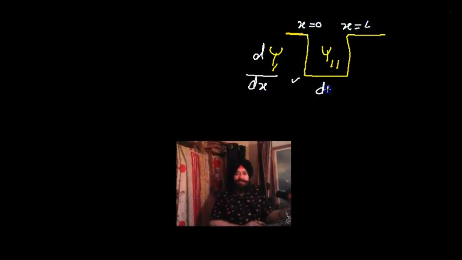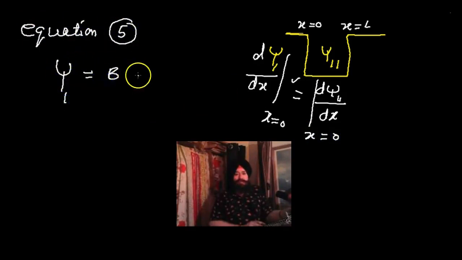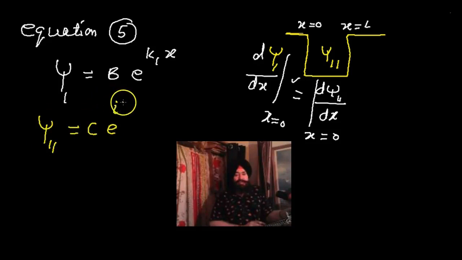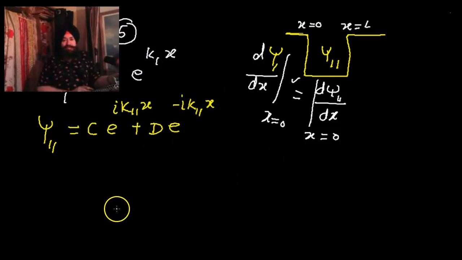Now because the wave function is continuous, the derivative also is equal at x equals 0 and x equals L. So the derivatives are also equal. First of all, writing equation 5 for psi 1. Now writing the equation for psi 2, previously I derived, just see.